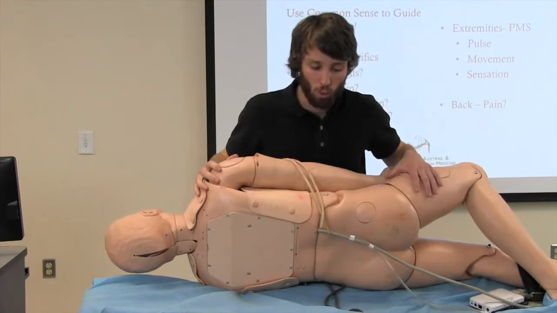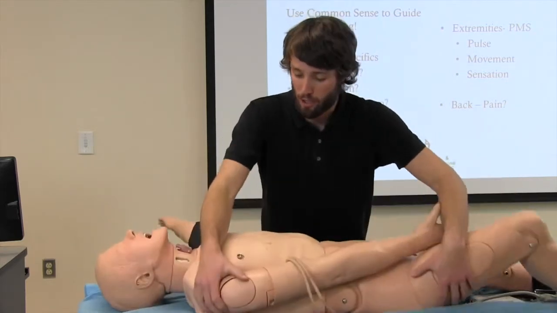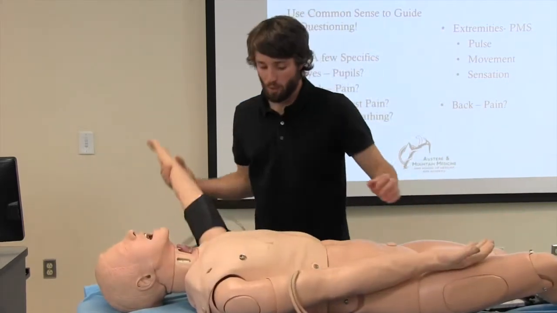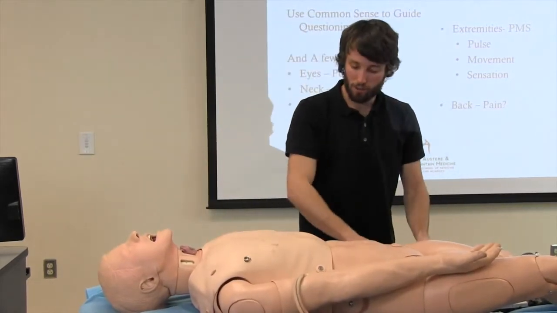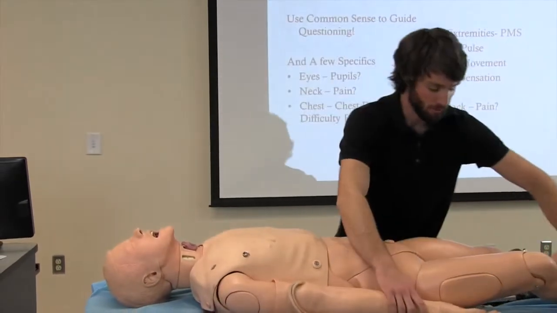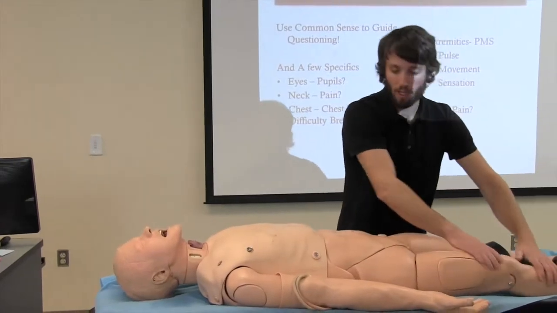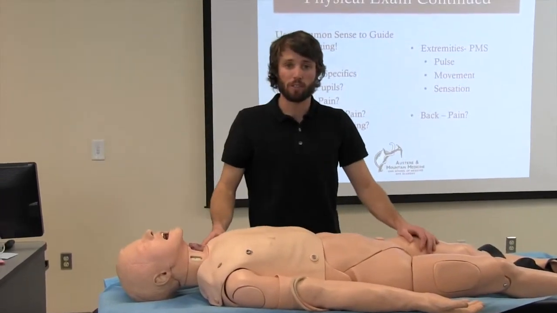Once I'm done, with a coordinated effort, we'll log roll that patient back down. I can place them back into an anatomical position. And now we've completed our physical exam.